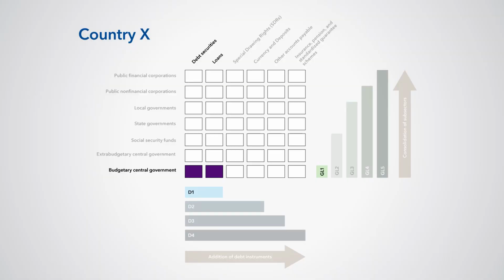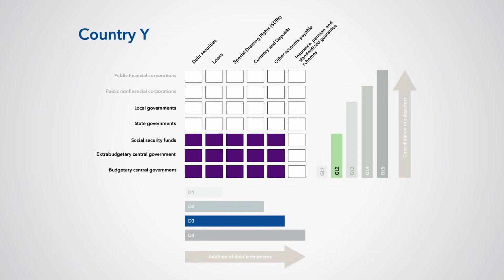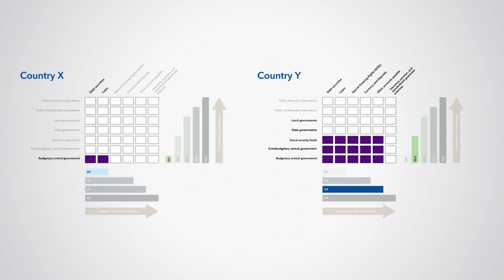This matrix also shows the importance of ensuring that you are making proper international comparisons of countries' public sector debt statistics. If you have data for country X covering D1 and GL1, and data for country Y covering D3 and GL2, these 2 sets of debt statistics are not comparable because they have a different institutional and instrument coverage.